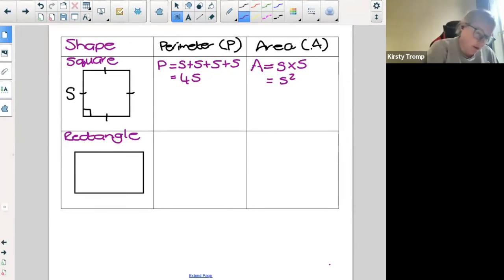So if we have an example here, say the side is equal to 3 centimeters.